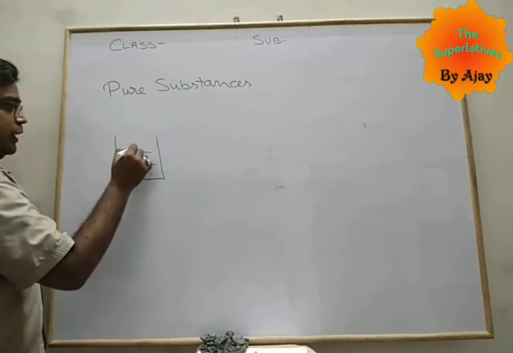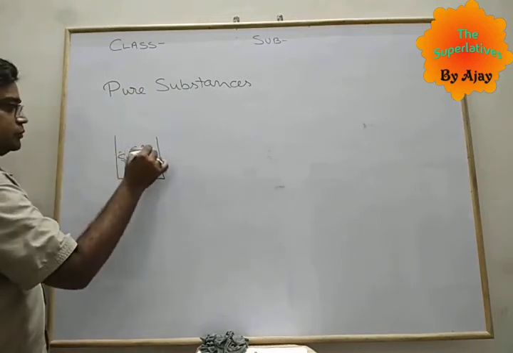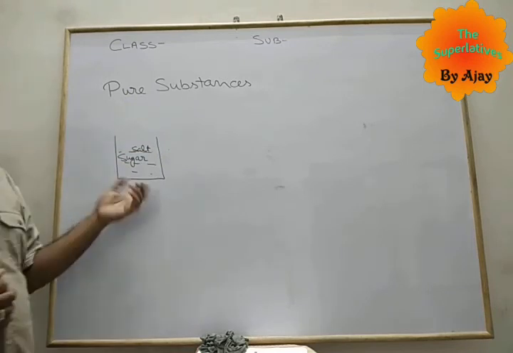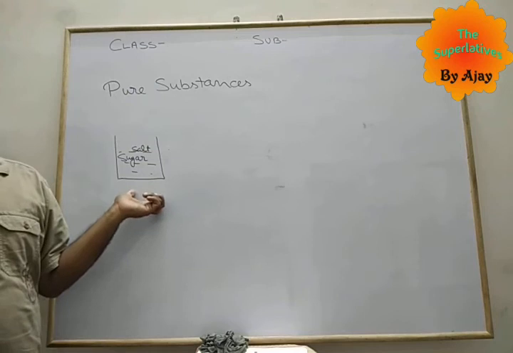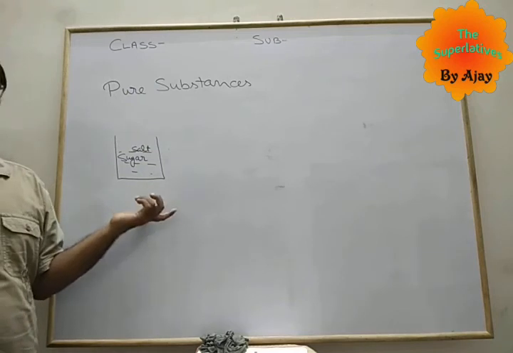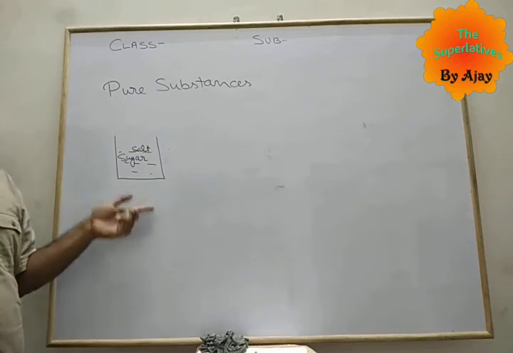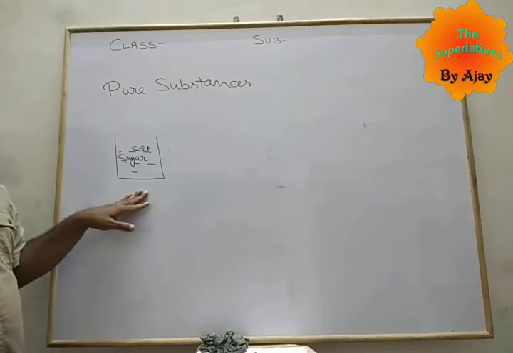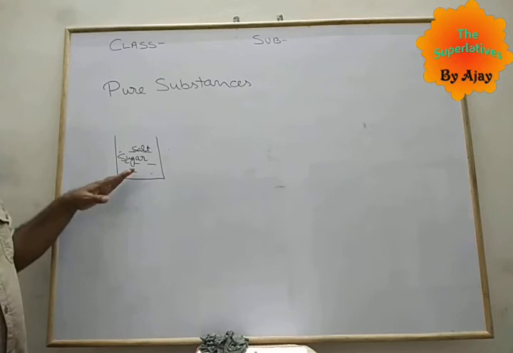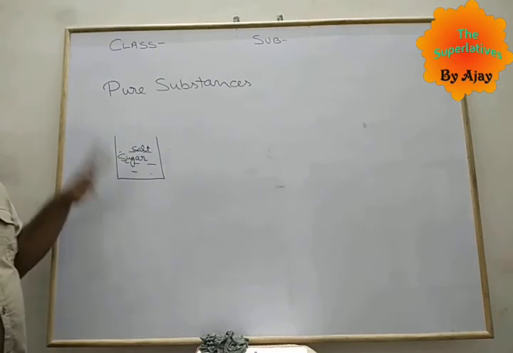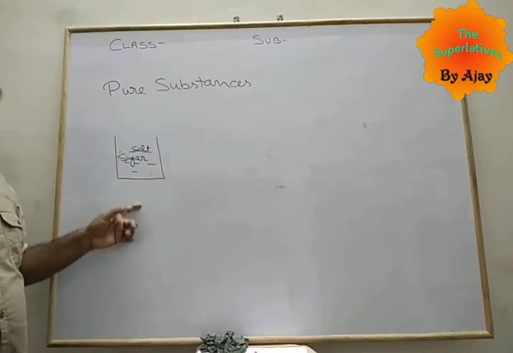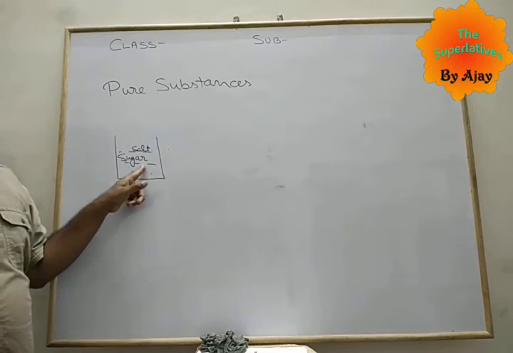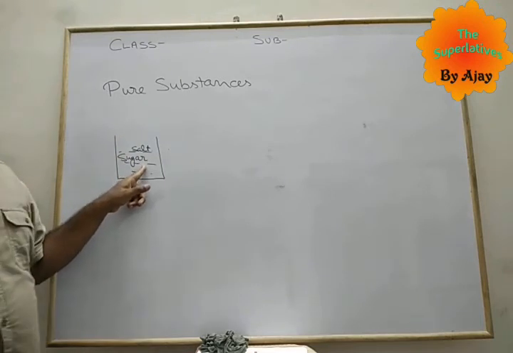Now by chance or by mistake you add some salt inside the sugar, in the same container. So in the container which substance do we have? Sugar? No. With sugar we have salt. Salt? No. With salt we have sugar. It means in this container now neither salt is in pure form nor sugar is in pure form.